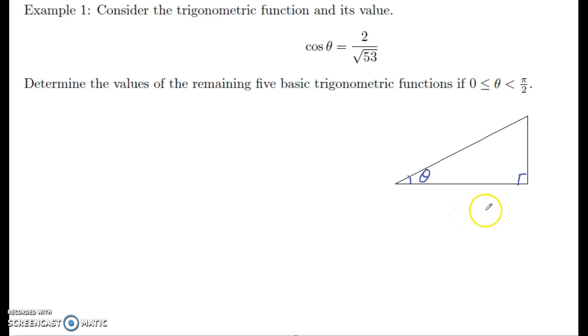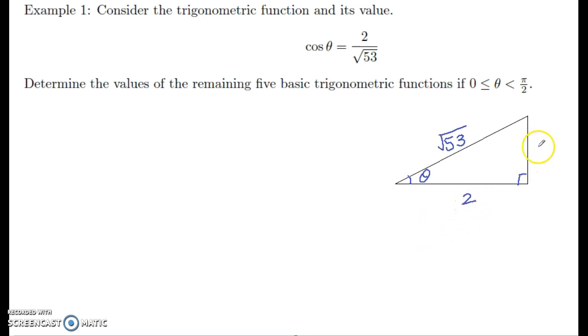So we can tell the adjacent side of theta is 2 and the hypotenuse of the right triangle is square root of 53. In order to find the value of the last side, we use the Pythagorean theorem.